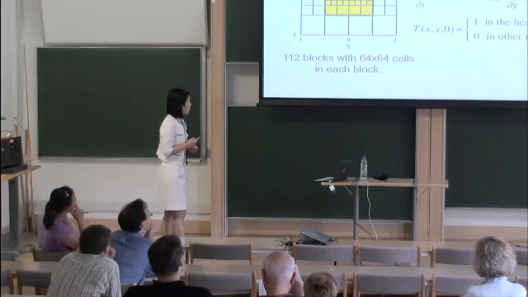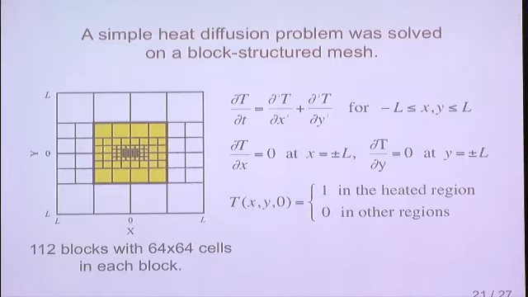Here is a test using a simple diffusion problem. And here the domain consists of 112 blocks with 64 times 64 cells in each block. There are no cut cells in this test, and zero gradient boundary conditions are imposed on the boundary. And I heat the yellow region first and calculate the diffusion problem.